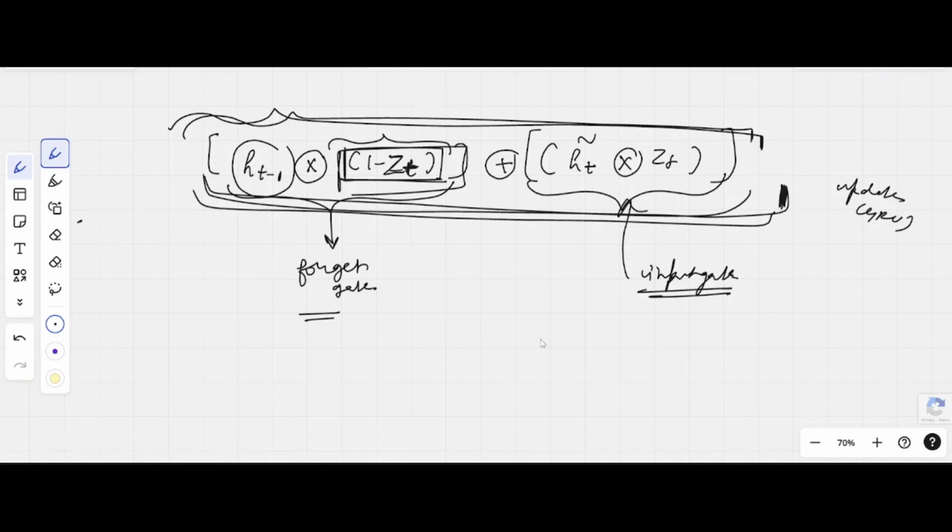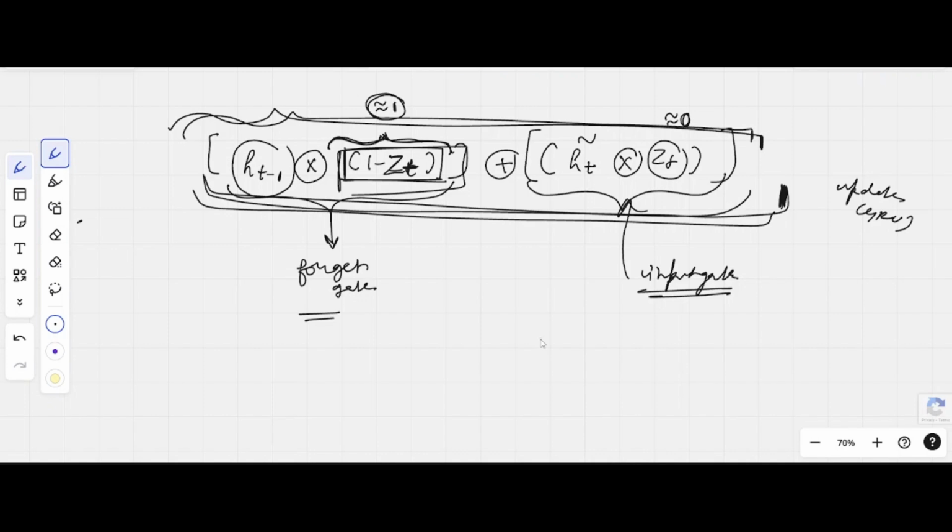Instead of reducing in their value, they remain the same because of this quantity. Because whenever ZT becomes close to 0, this becomes close to 1, and because of which the gradient does not change. And if there are many gradients, those gradients will not change. So I think this part is clear.